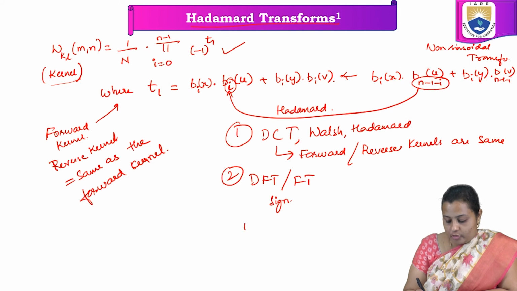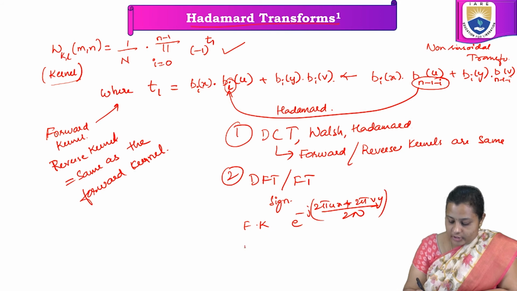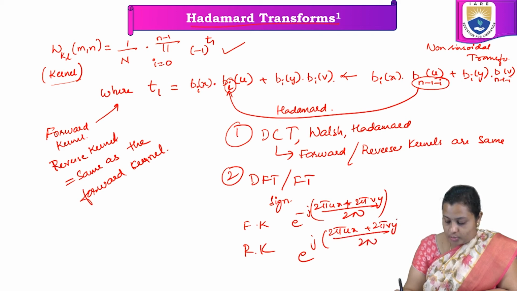For the forward kernel, we have e power minus j 2 pi (ux plus vy) by 2n, and our reverse kernel is given by e power j 2 pi (ux plus vy) by 2n.